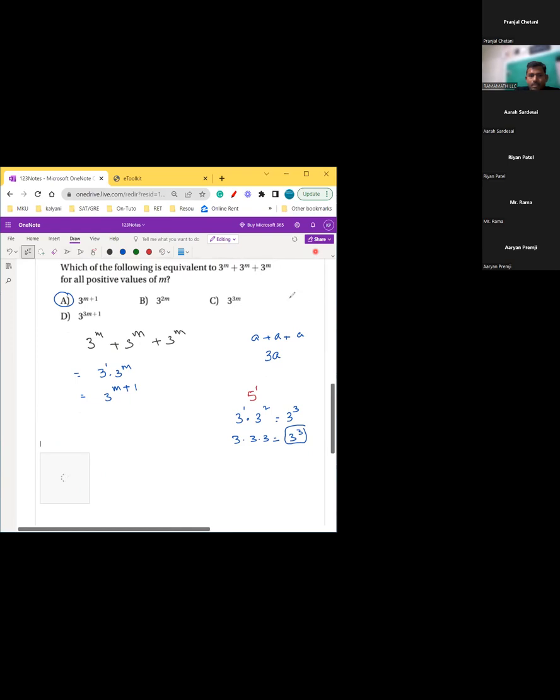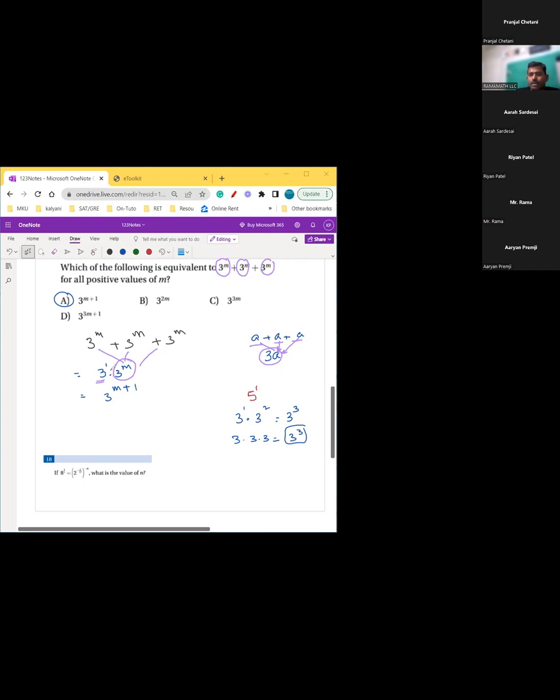So if I look at it, this is 3 to the m, 3 to the n, 3 to the n. So they're like terms. There are 3 of them, just like a plus a plus a, which is 3a, right? So I write down this a still, agree? Same logic here. There are 3 of those. So I write 3, and then this is a, whatever it is.